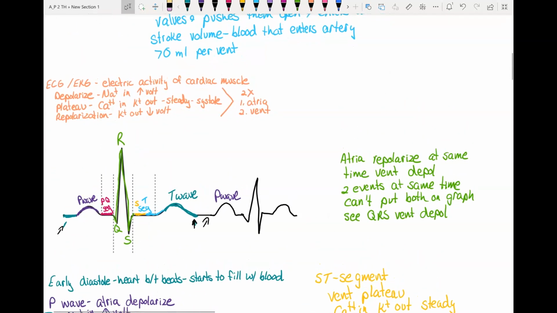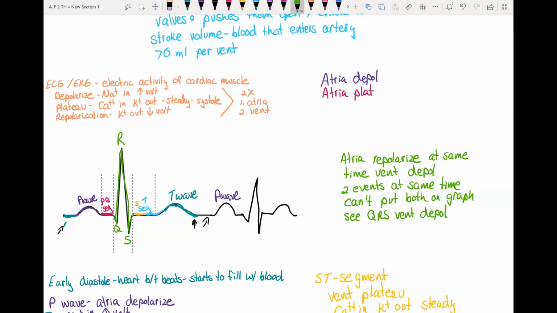So to kind of sum this up, compare it to what we started with here. You have atria depolarize. That's the P wave. Then you have atria plateau. That's the PQ segment.